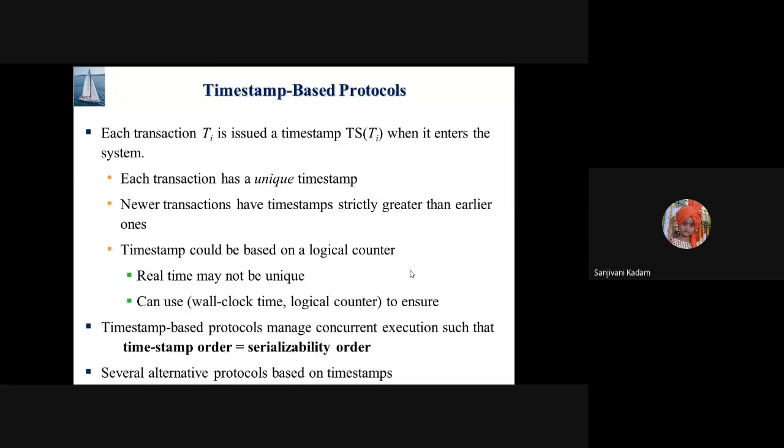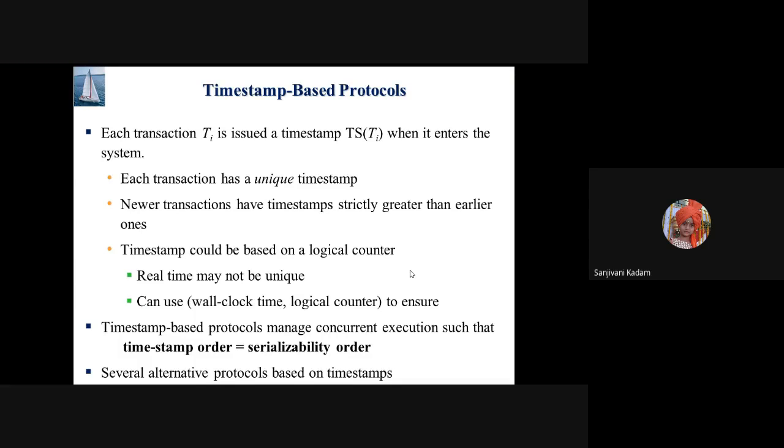It means that recent transactions will have a higher timestamp value as compared to the old ones, those which started in the past, versus new ones which are currently going on. A greater timestamp means that the transaction is younger, or newer. So newer transactions have timestamps strictly greater than the earlier ones.